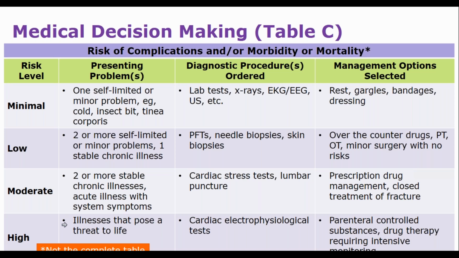Illnesses that pose a threat to life, so maybe the patient had a severe illness and why they were admitted to the hospital, MI, something like that. Or it could be some very intensive drug therapy where this provider is doing a lot of monitoring, drawing levels, things like that, for an example. So if you look up the full table of risk, you'll see even more examples than what we have here.